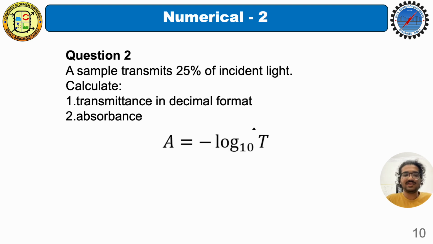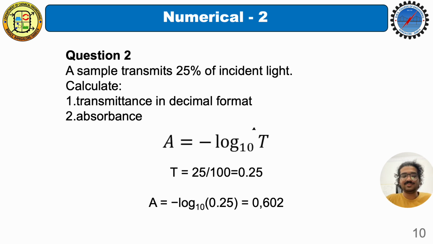Here we can directly get the transmittance value by dividing 25 by 100 to get 0.25. So 0.25 of our light is passing through our sample. Finally, to get absorbance, we can use Beer's law, where if we substitute the value of transmittance into the negative log base 10 of the transmittance, we get an absorbance value of 0.602.